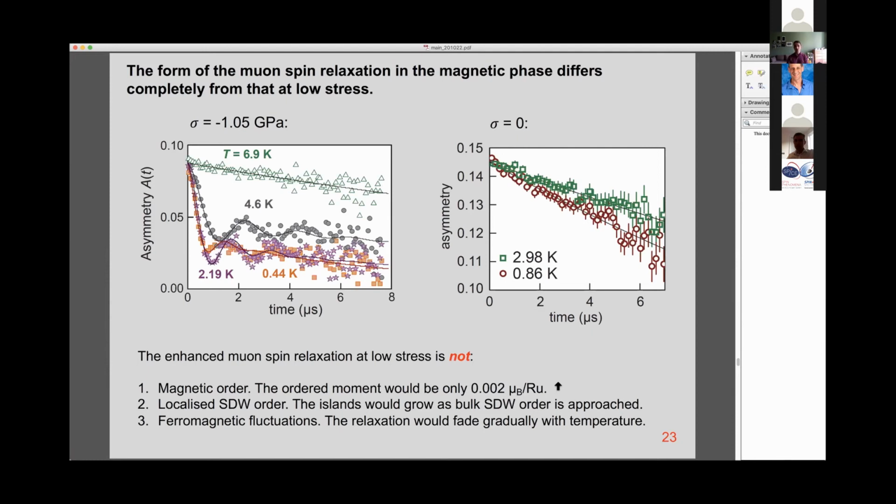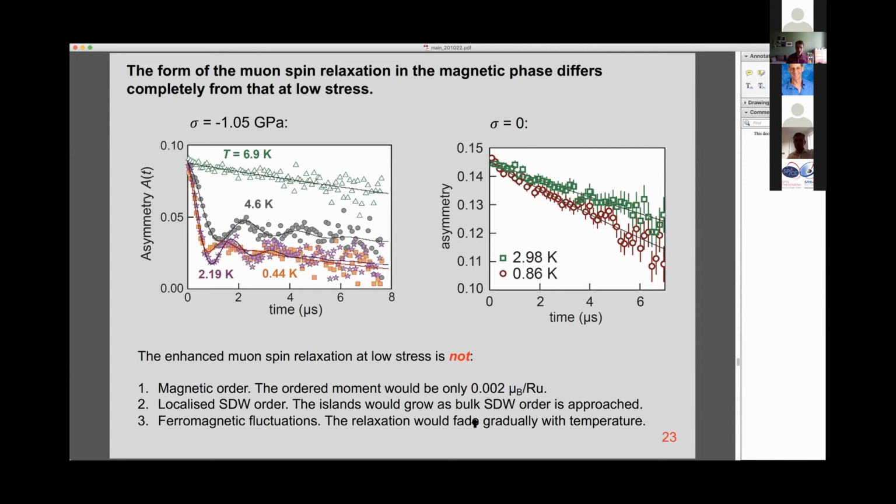So that is an extremely low ordered moment that simply does not occur in real materials. Another hypothesis could be that it is localized spin density wave order. However, in this case, the islands of spin density wave order would grow as we applied stress and we approached the bulk spin density wave order, and that is not seen.